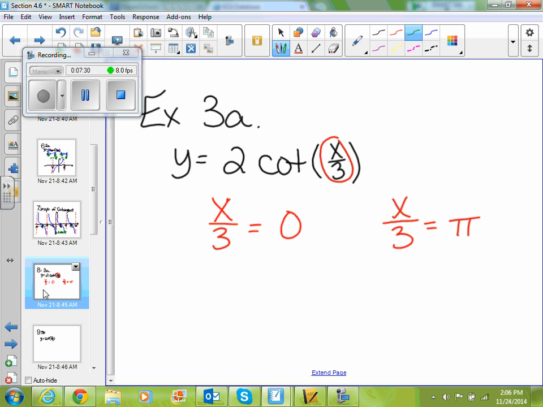So then if I solve those to find my endpoints by multiplying by 3, 0 times 3 is just 0, so I know my first endpoint is going to be 0. Pi times 3 gives me 3 pi, so I know my second endpoint is going to be 3 pi.